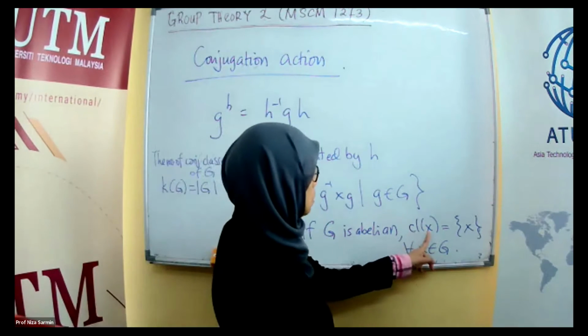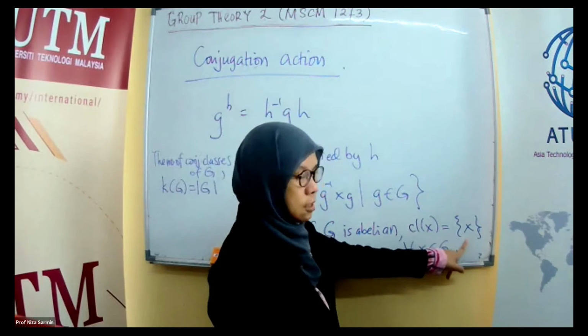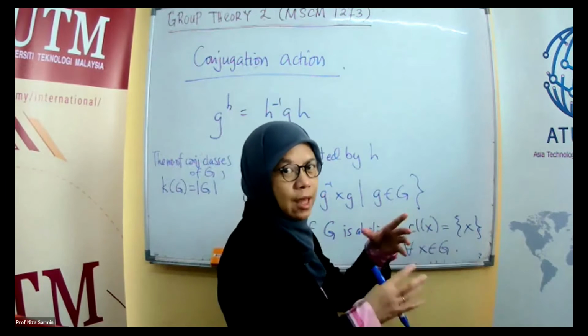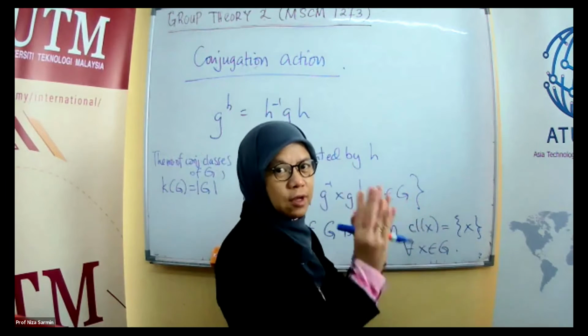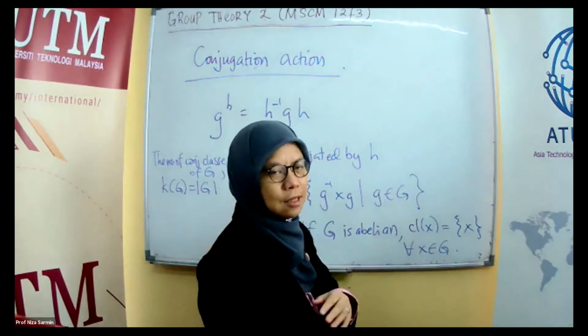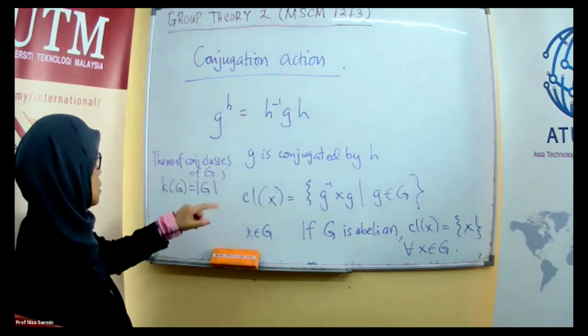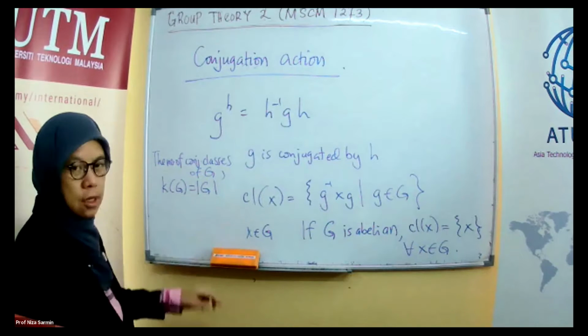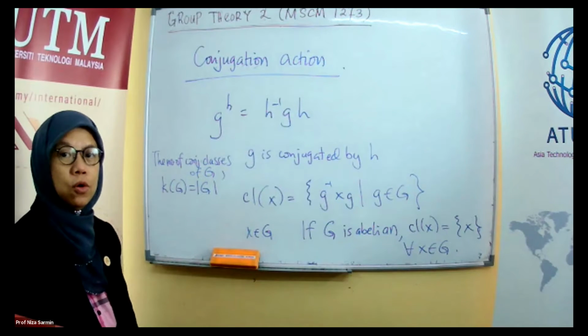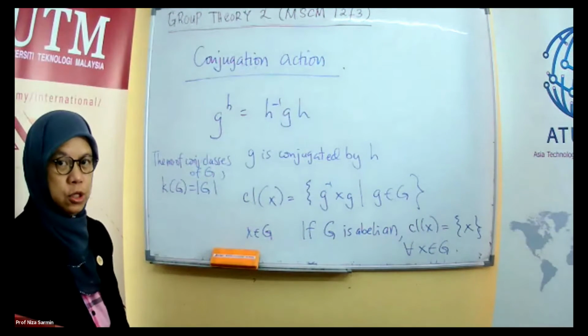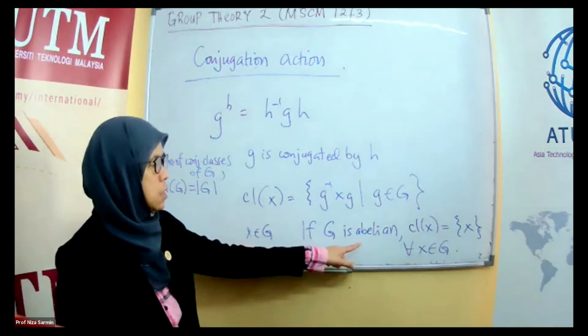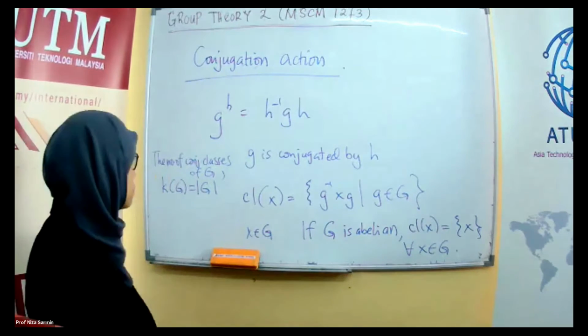Because each element X in G is a singleton. So if you have 10 elements in the group, you will have 10 conjugacy classes. So we use k(G) as the number of conjugacy classes of a group G equal to the order of the group G. That is for an abelian group, right?